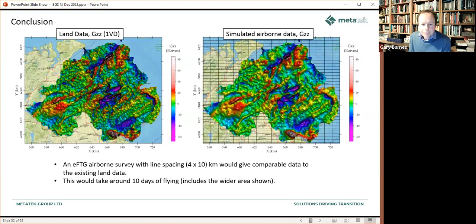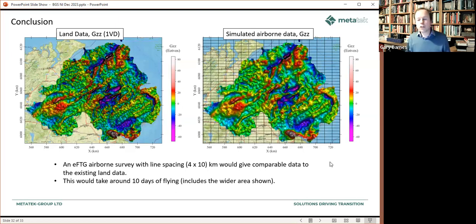So as a conclusion, I would say that the land data that's available over Northern Ireland could have been acquired to result in a similar resolution from an airborne FDG survey measuring the gravity gradients with a line spacing of about 4 by 10 kilometers. And this would take around 10 days of flying, but would also, of course, give the gravity gradient and gravity map over this entire area.